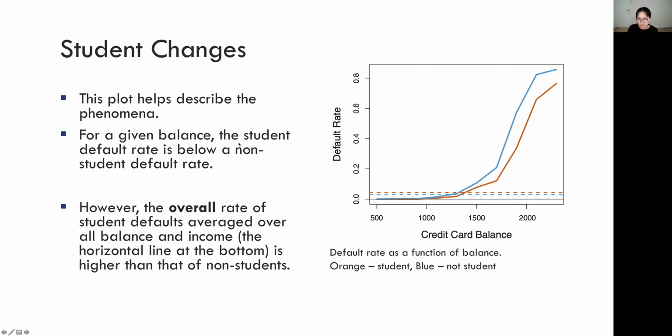Before we go on, the orange lines are for students, and the blue are for non-students. So for a given balance, the default rate is shown by these lines.